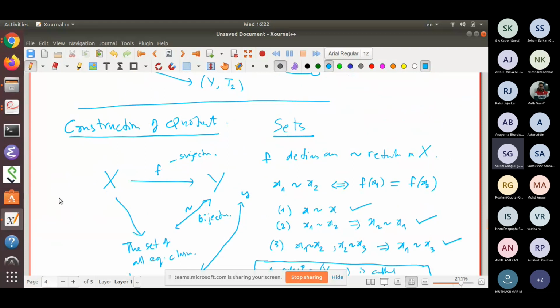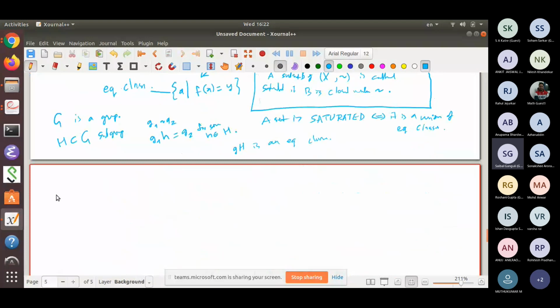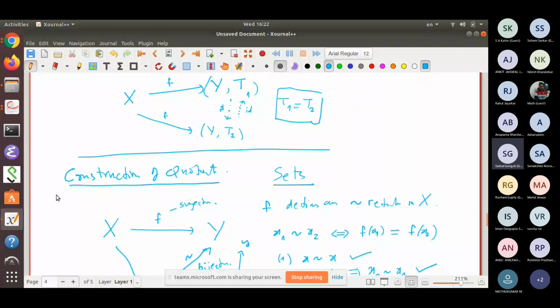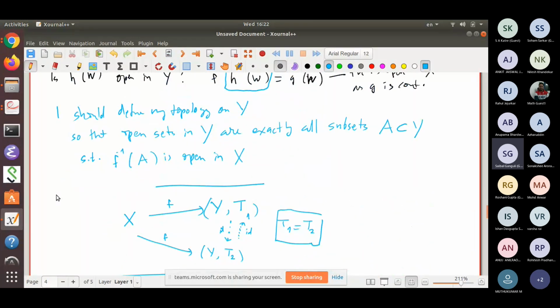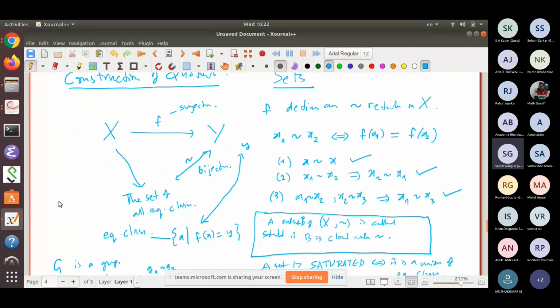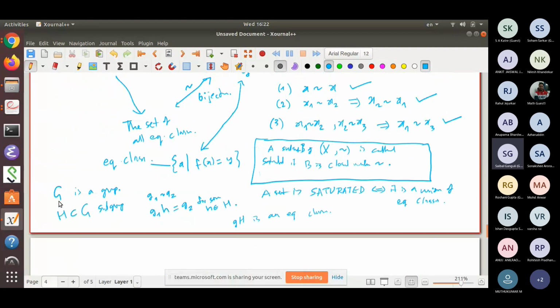So in groups, though every surjective homomorphism is a quotient, to make a quotient you have this extra requirement of normality. In sets, every surjection is a quotient. In topological spaces, not every surjection is a quotient. Moreover, the topology should be such that blah, blah, blah. So these categories differ from each other. If those categories had exactly all the same properties, then you wouldn't have so many different subjects.